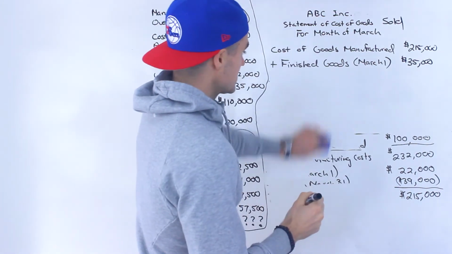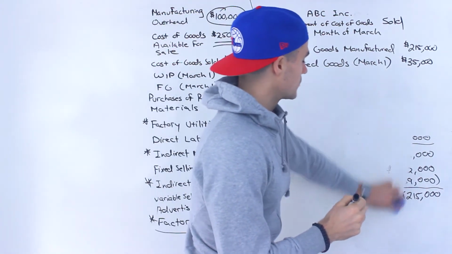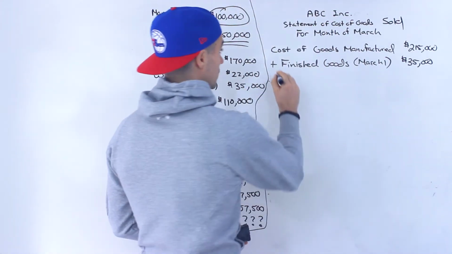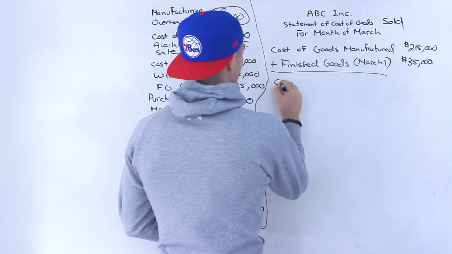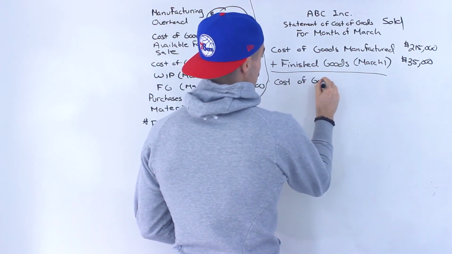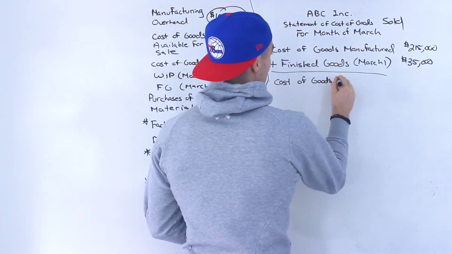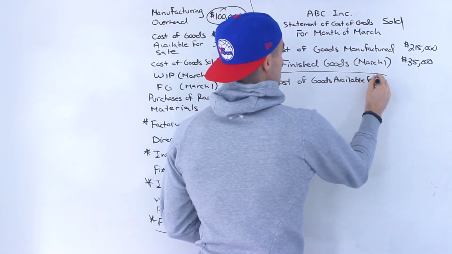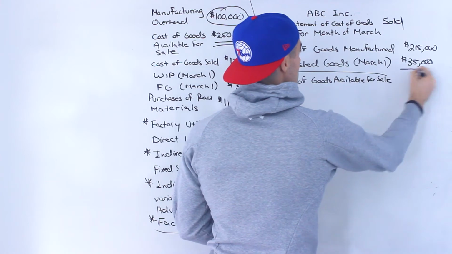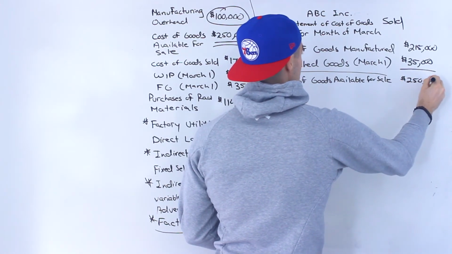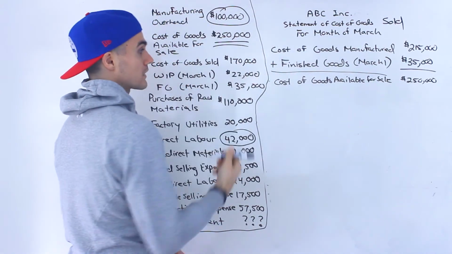And then what happens is when we sum these two numbers up, what does that give us? That gives us that cost of goods available for sale, which was already given in the question. So when we sum these up, that's going to give us 250,000, which corresponds with that number that we were given.